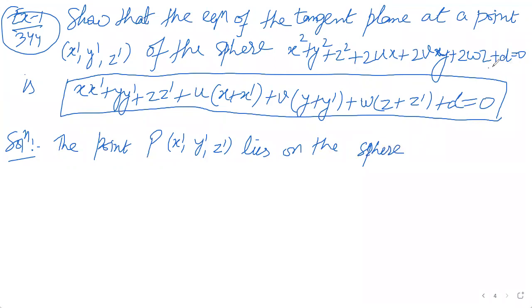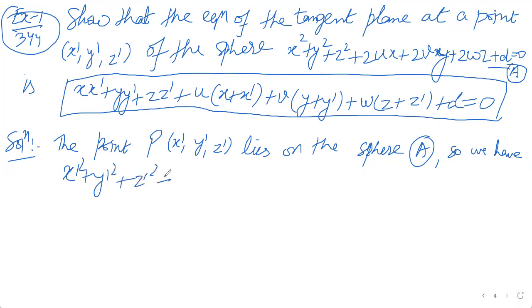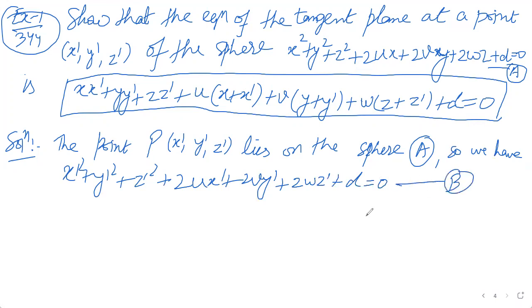Suppose this equation I am calling equation number A. So it will satisfy. इसे put कर दिया इसके अंदर: x dash square plus y dash square plus z dash square plus 2u x dash plus 2v y dash plus 2w z dash plus d is equal to 0. Suppose it is equation number B. That was A.